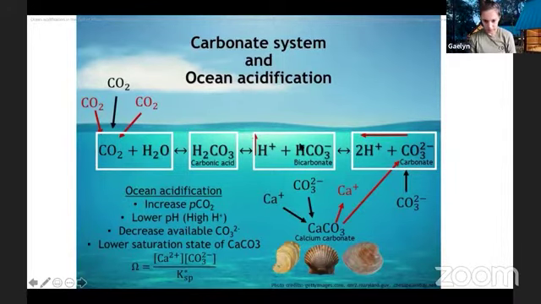So we aren't necessarily creating an ocean that is going to be dissolving our shells. That is a common misconception. There would have to be more of a change in our pH in order to dissolve the shells.